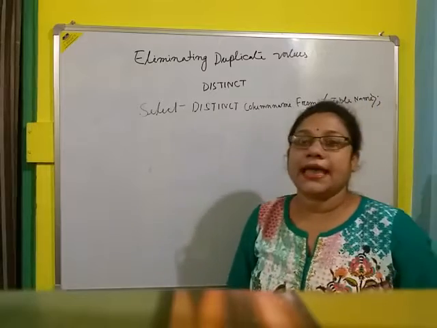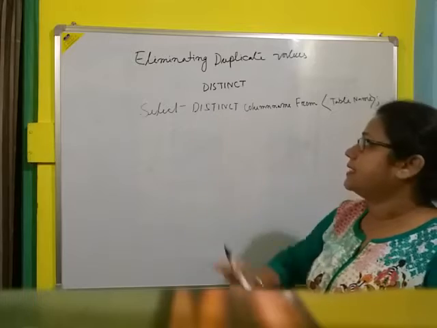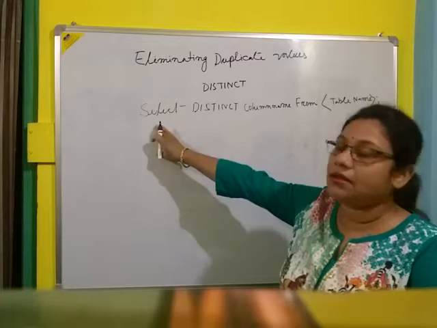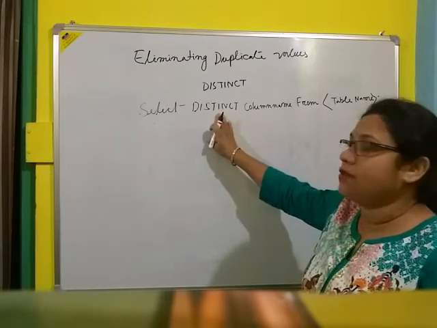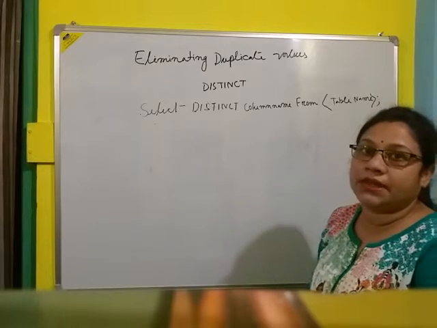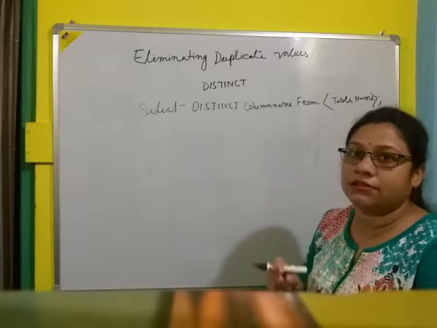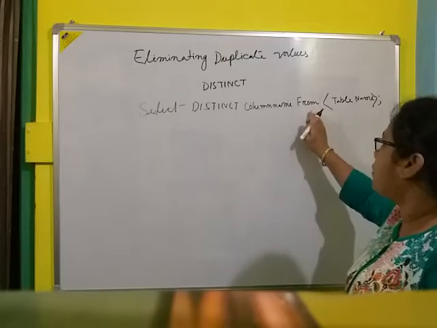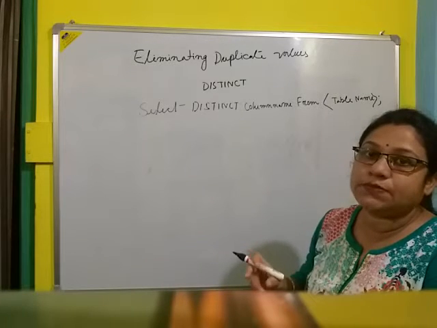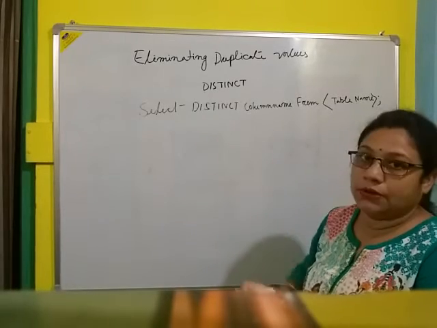This is the SQL for using the distinct command. You have to write the select command followed by the distinct keyword. After that you give the specific column name from where you want to display the unique values, and from table name, that means from which table you want to display the distinct data values.